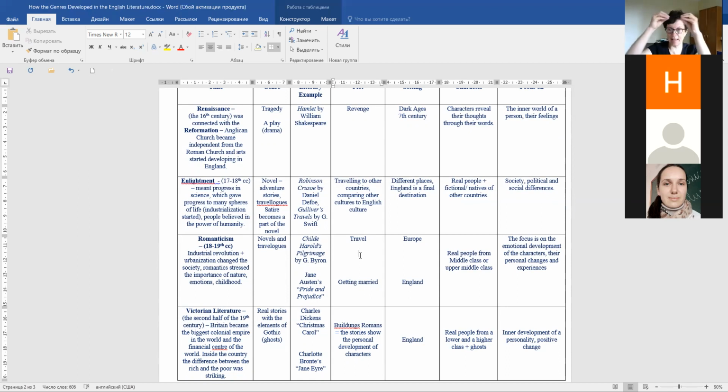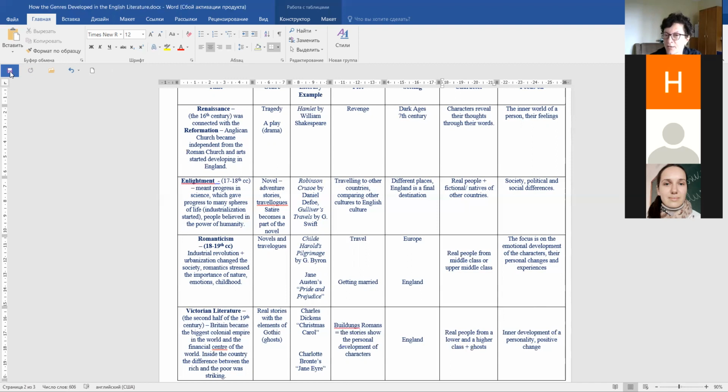You see that it's like learning something, going from one point to another. Byron's story is set in Europe, and Pride and Prejudice is set in England. The characters are real people from the middle class or upper middle class. The focus is on the emotional development of the characters, their personal changes and experiences.